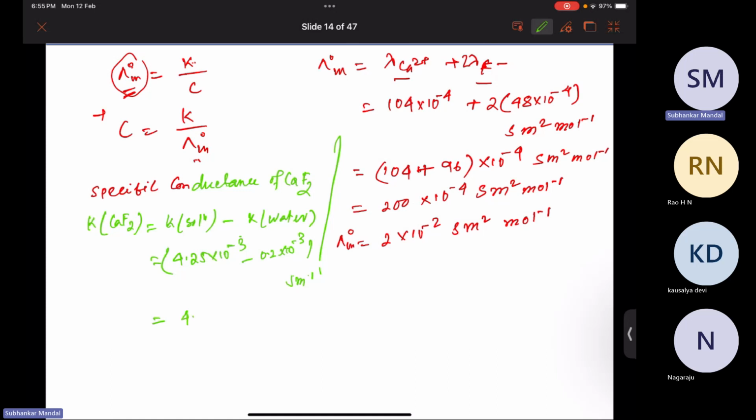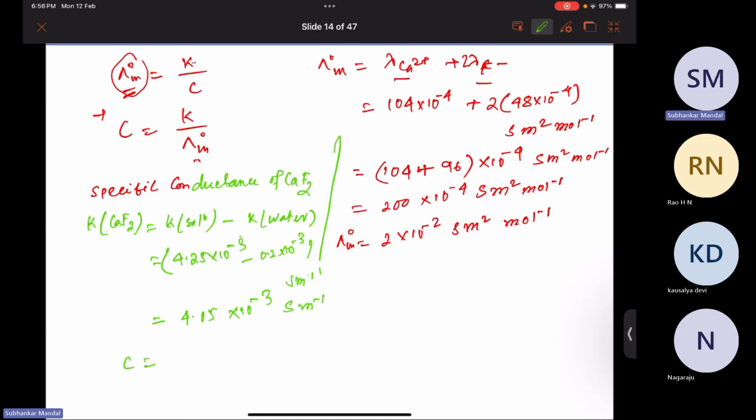So it will be 4.05 into 10 to the minus 3 Siemens meter inverse.